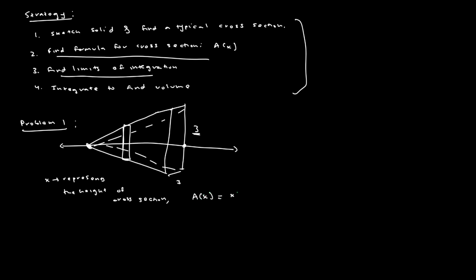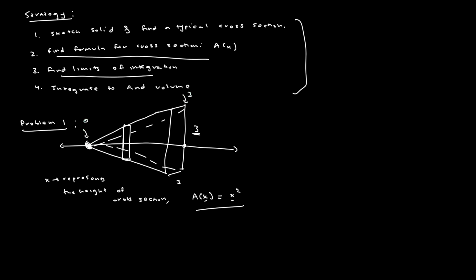So we found a way to represent the area of a cross section as a function of x. Now we just need to determine the limits. At the lower limit, our square cross section has a width of 0, and at the upper limit, it has a height of 3.